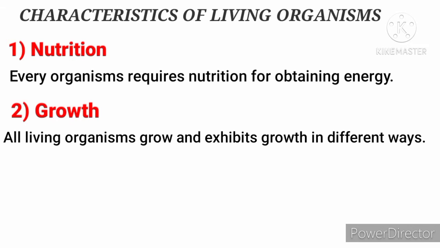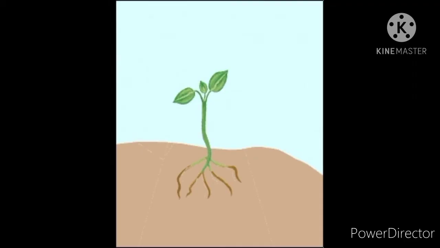Now the second characteristic is growth. All living organisms grow and exhibit growth in different ways. As I have told you, when the cell divides, then the organisms grow. Every organism shows growth, whether they are plants or animals, as in the video clip you can see.